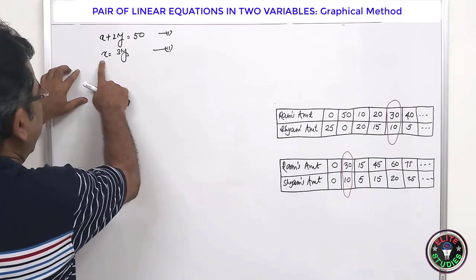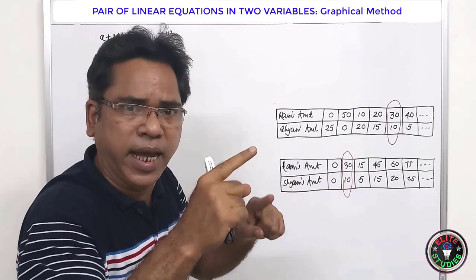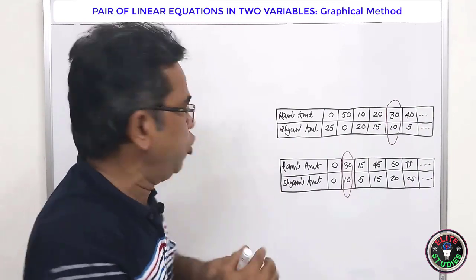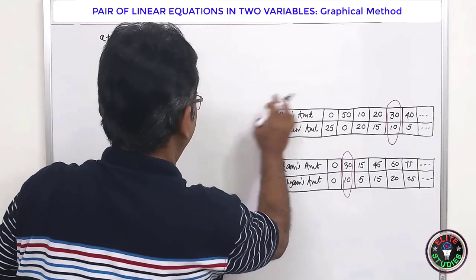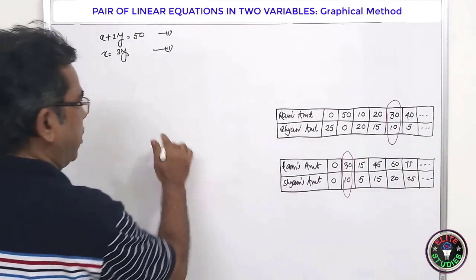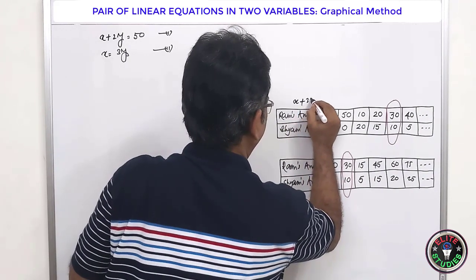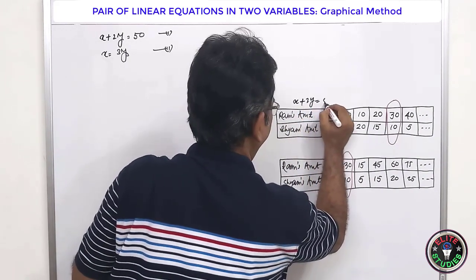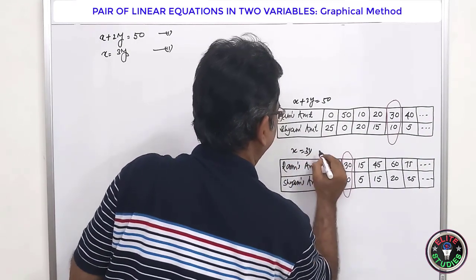Similarly, this is again a linear equation in two variables, and if you plot its graph, again you will get a straight line. Let us try to plot this. This is for the equation x plus 2y is equal to 50, and this is for the equation x is equal to 3y.